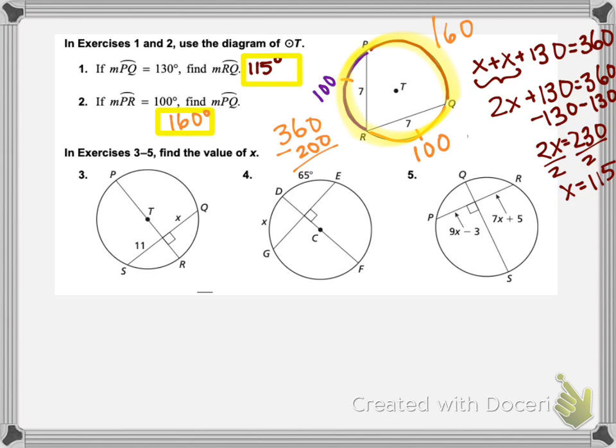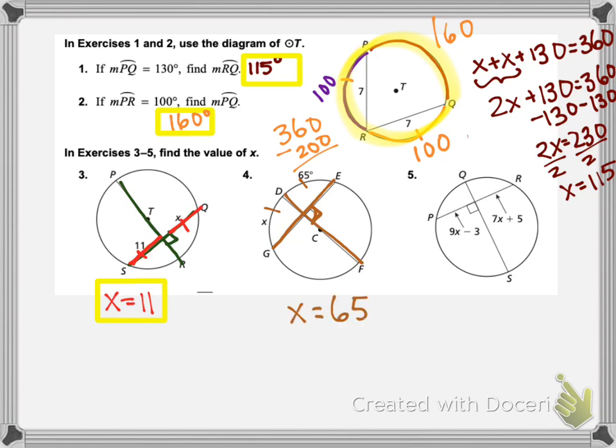Number 3 says find the value of x. So we have a chord and the diameter. They are perpendicular, so they intersect and form 90 degrees. Because of this, the chord is cut into two perfect halves. So if this half is 11, that means the other half is 11. Same thing on number 2, except we're talking about the arcs. Because the chord and the diameter are perpendicular to each other, the arcs are cut into two perfect halves.